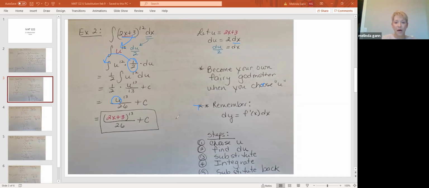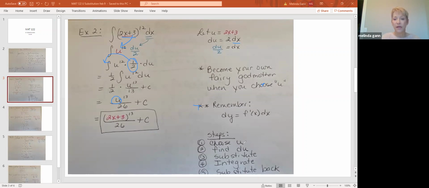Okay, so pause the video and copy these steps down and make sure you copy this example down. So look what your steps are. You've got to decide what you want to let u equal. And you be your own fairy godmother. Remember, you're trying to make your problem fit one of the forms on page 286. So you try to think of something you can let u equal to do that.